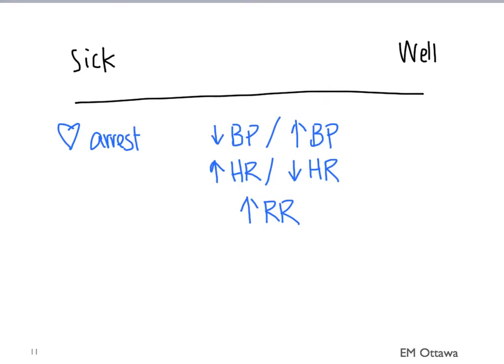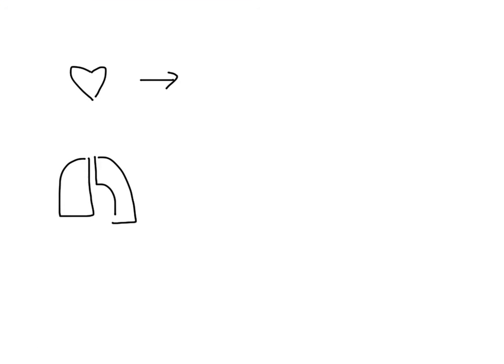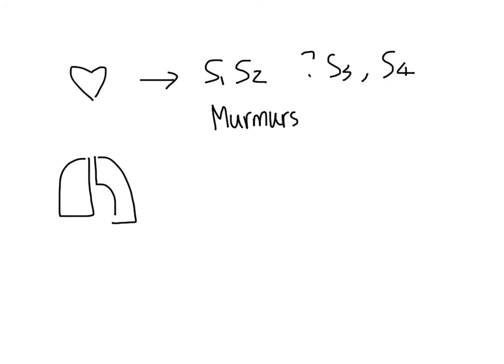Or they can look well, with no obvious complaints. Specifically, on the cardiac exam, you want to elicit the S1 and S2, any other extra heart sounds, presence of murmurs. You would also look for increased JVP as well. On the respiratory exam, you want to listen for crackles and the presence of breath sounds.